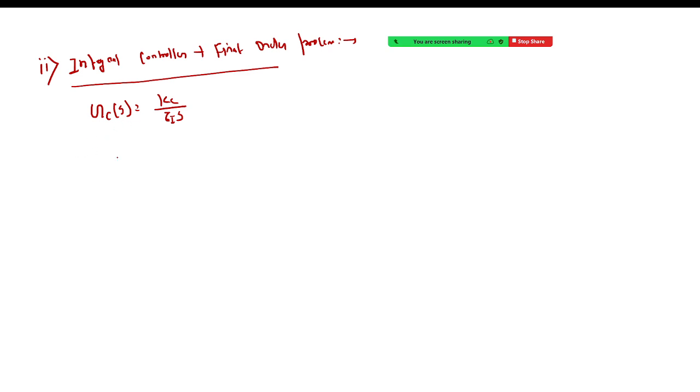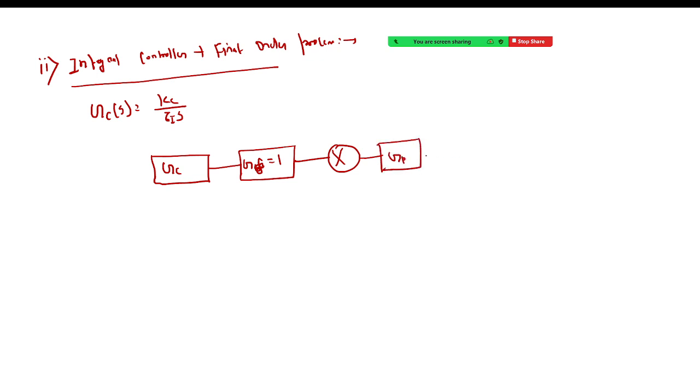The transfer function is this one. Let's say this is your controller, this is your measuring final control element GF that is equal to 1, and this is your process GP.